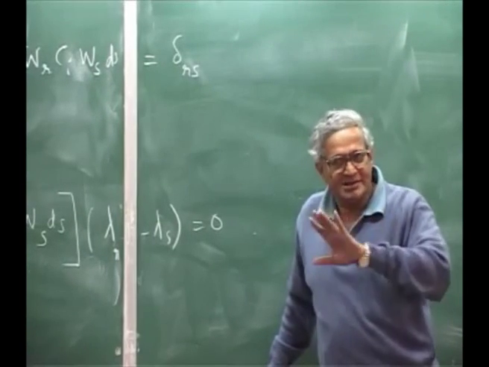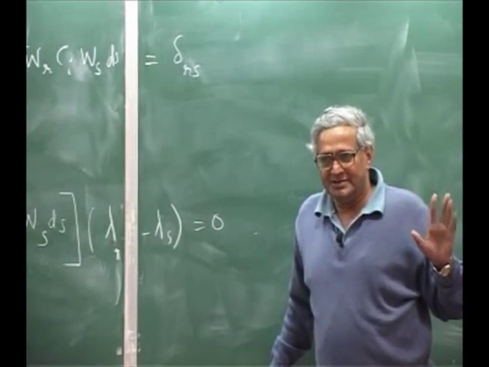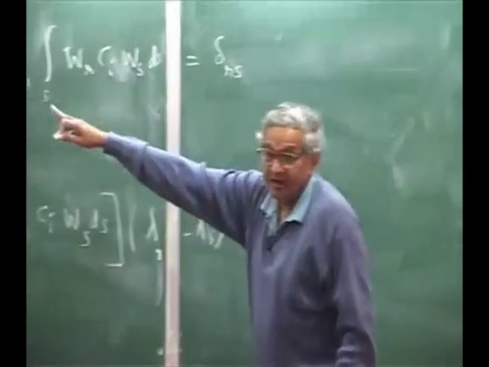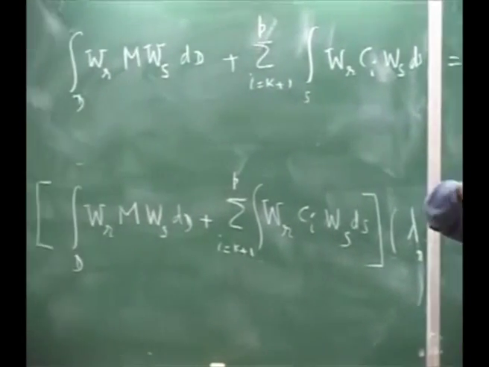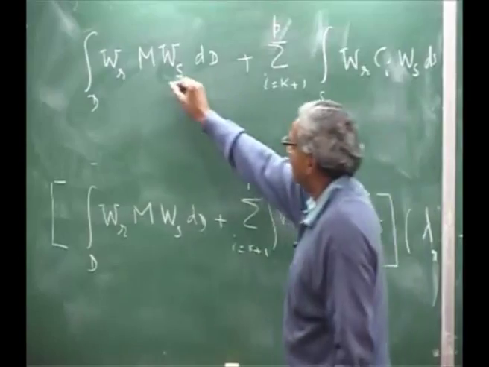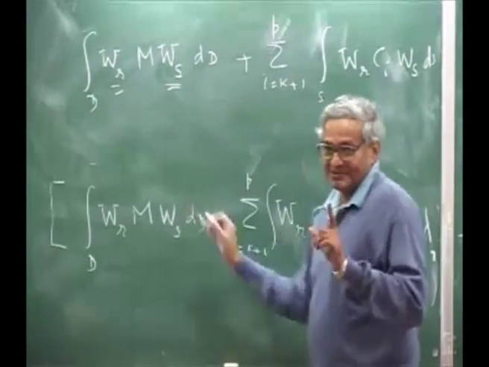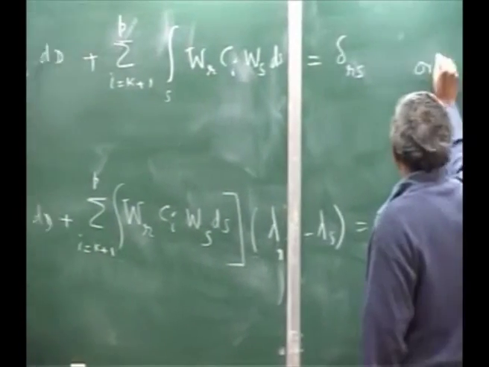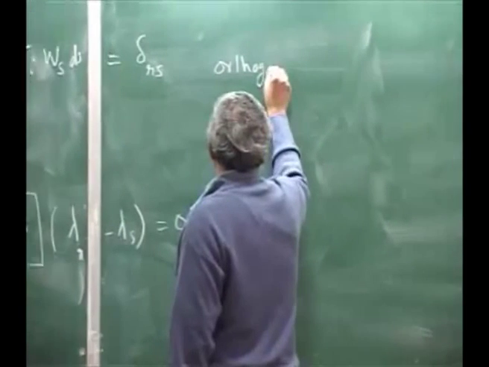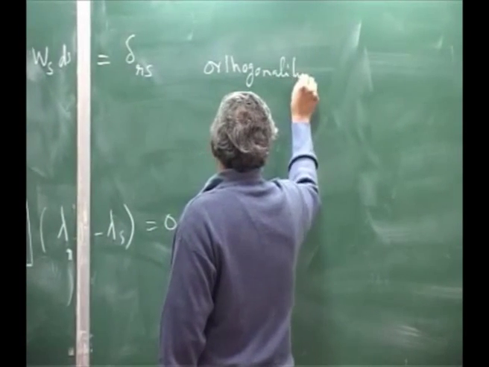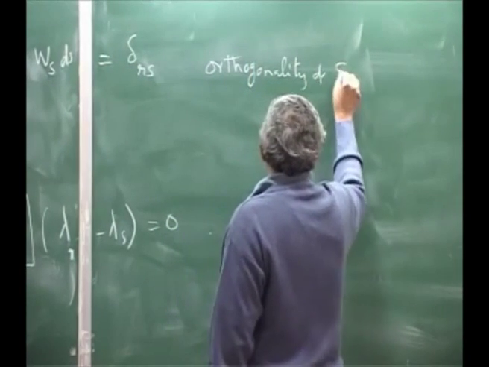Even if you don't normalize, nothing will happen, the problem will be fine, because this is called the orthogonality condition of eigenfunctions.